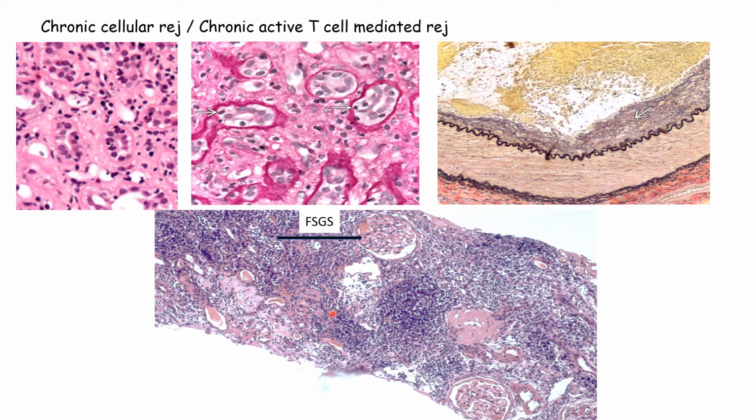So just to summarize that along with the changes of chronicity, the identical changes that you see in active T-cell mediated rejection may be seen pari passu in different regions of the biopsy.